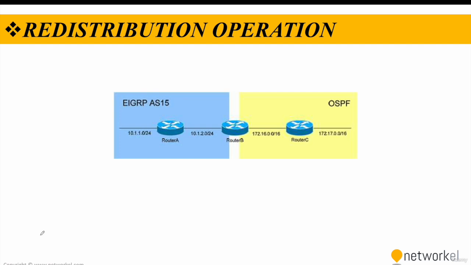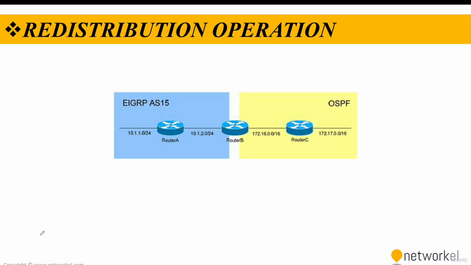First of all, you need to import the routes. The routes learned from one routing protocol, for example OSPF, need to be imported into the other router's routing table. Then these routes should be converted into a format suitable for the target routing protocol, for example EIGRP.